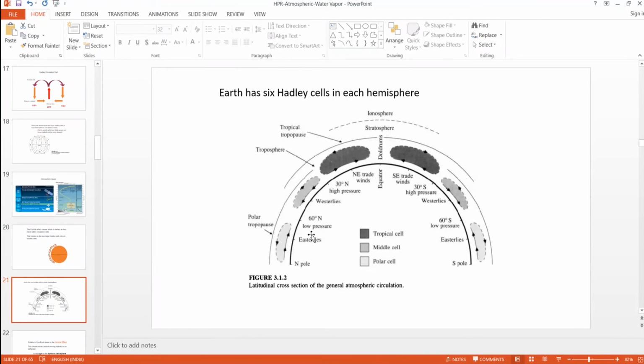Similarly, at the poles, because the poles are very cold, the temperatures are less than minus 20 degrees centigrade. There is cool air, because when wind is blowing on the surface, its temperature is relatively close to the ground surface.